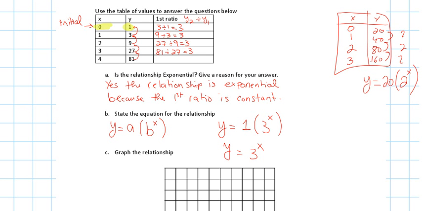Okay, so a way to solve for it, which I don't need you to do in this course, but there is a way to solve for it. So if I know, let's say the point is 1, 40, right? I don't know what A is, so I'll put, I have this, right? I put 40 for Y, and then 1 for X. So that's going to be 40 equals A times 2, divide by 2.